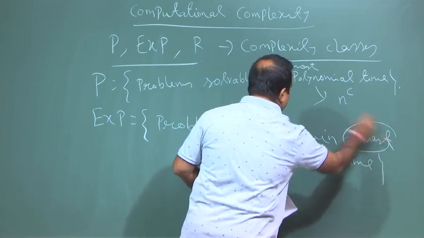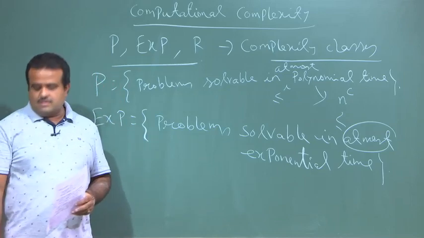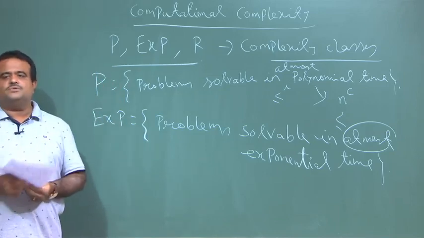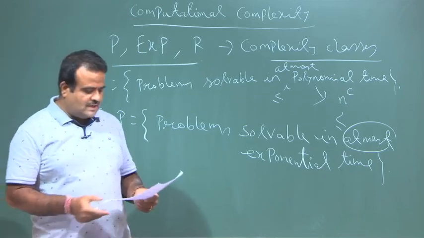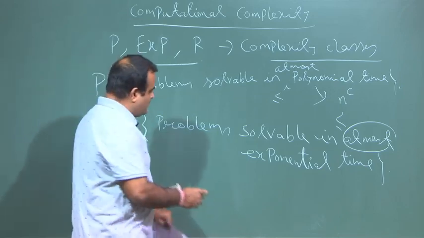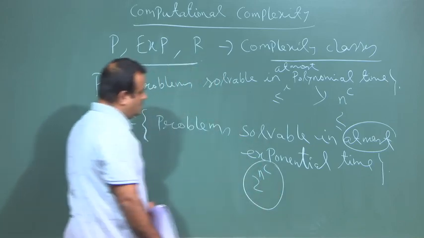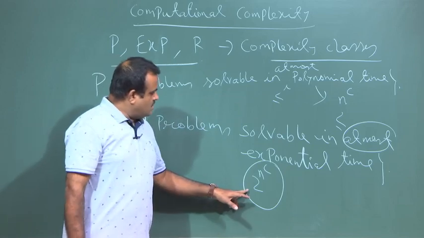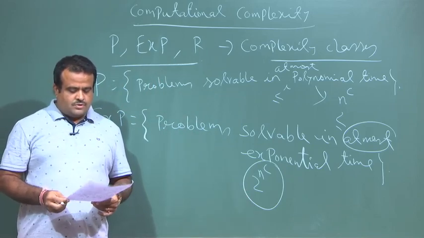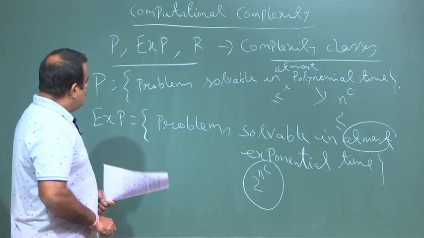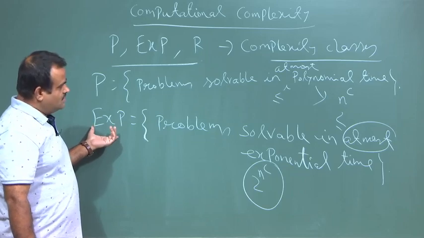So this is the class where we put all the problems which will take exponential time. In particular we will look at 2 to the power n to the power c time, where c is a constant. This is the time complexity for such a problem. All the polynomial time algorithms are a subset of this.